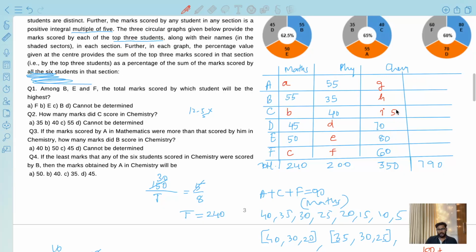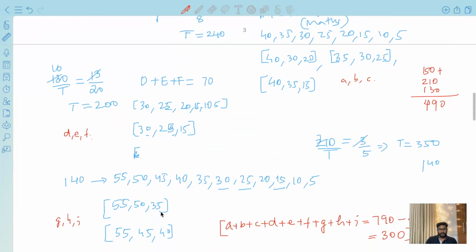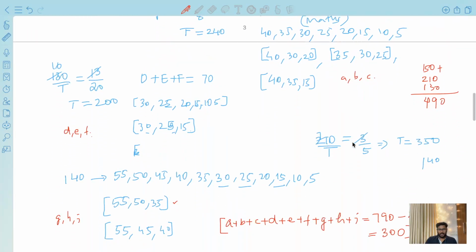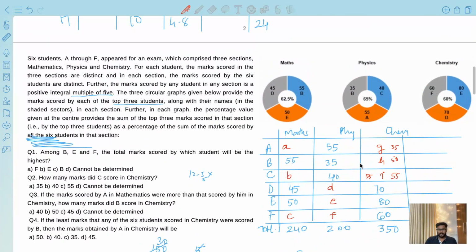And 55, 45, and 40. 45 here or here. 45 or 40. Yeah, fix it.